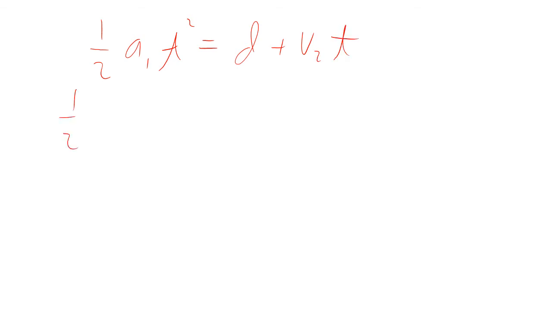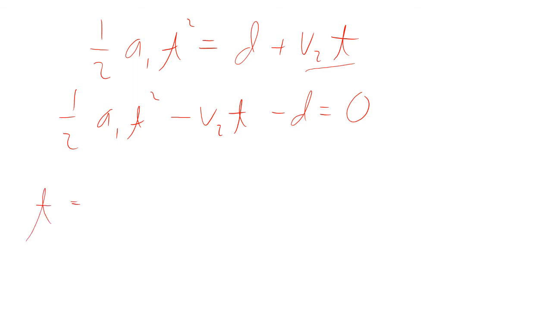So 1/2 a1 t squared minus v2t minus d equals 0. Well, I can find the distance that the rat ran, v2 times t, if I knew what t was. Well, this is a quadratic equation. I can find t.